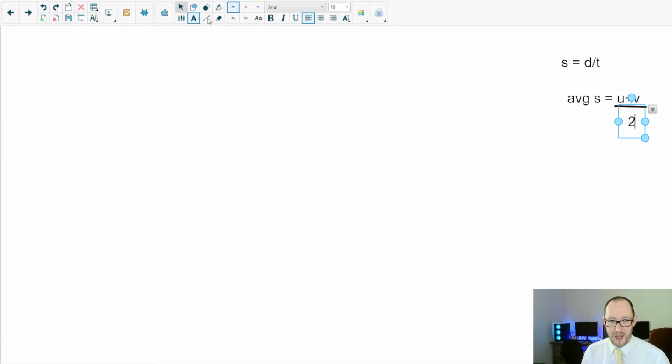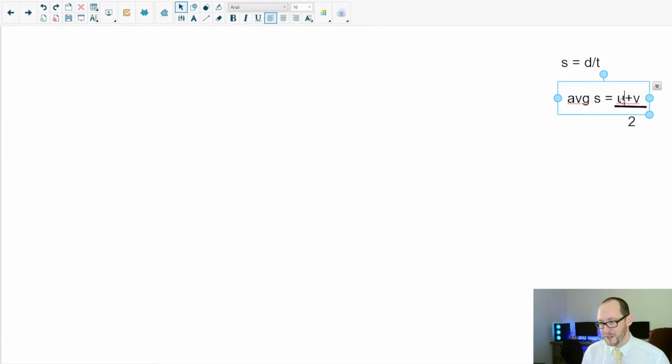Maths purists, I should have brackets on the top line there, technically, so that we don't end up falling foul of BIDMAS, but we can be sloppy sometimes. So that's average speed is u plus v over 2.